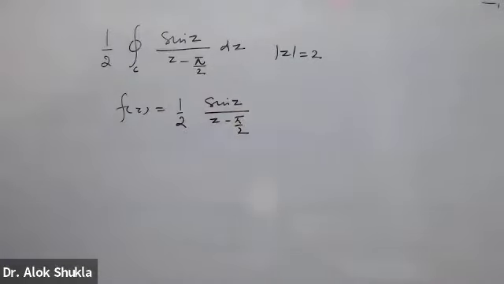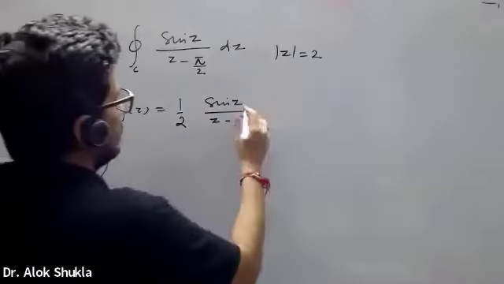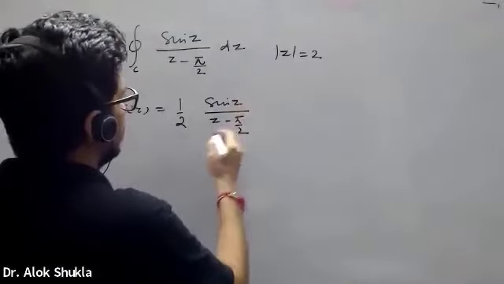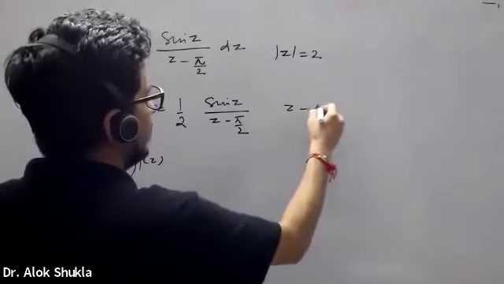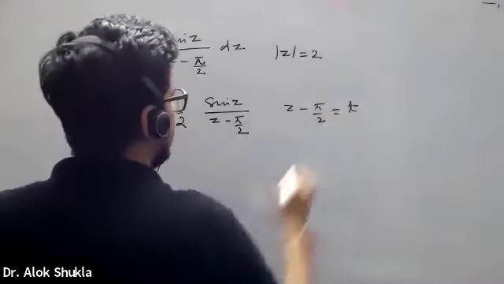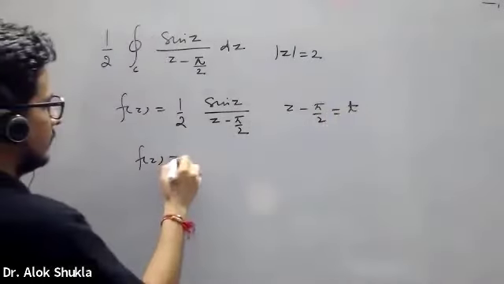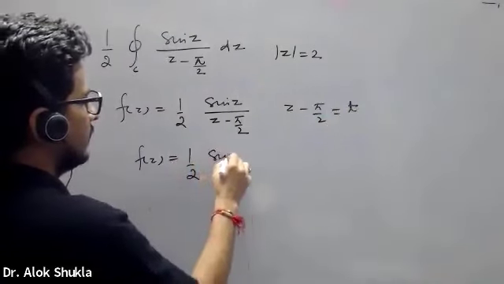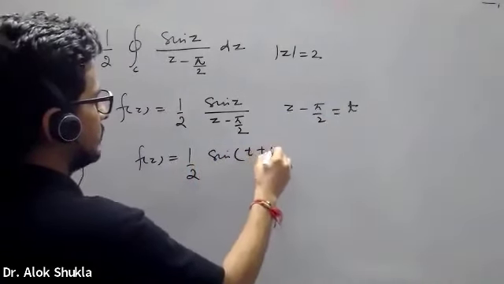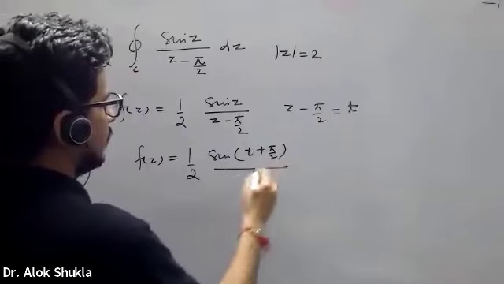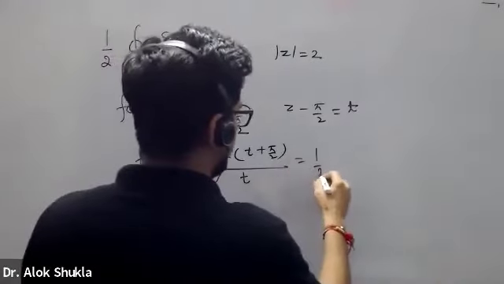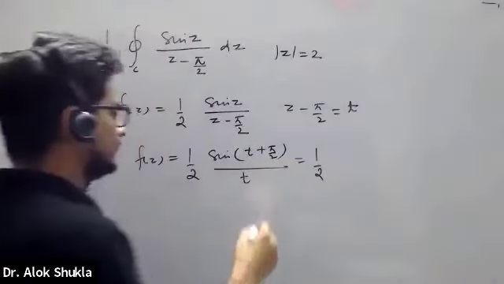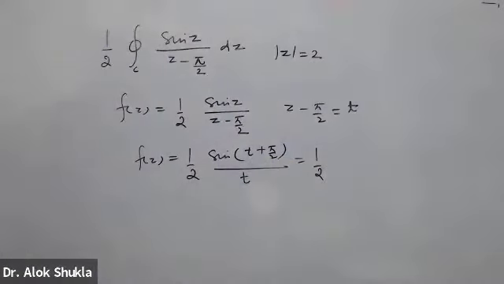Okay, and if you like, you can again use my trick for the Laurent series. Let us take z minus pi by 2 equal to t. So it will become half, sine of t plus pi by 2 over t. And what is sine of 90 plus theta?